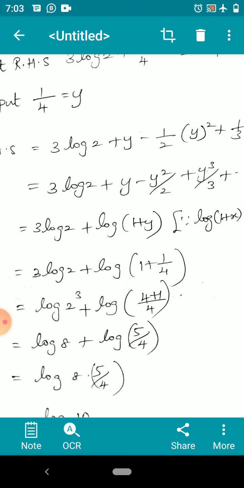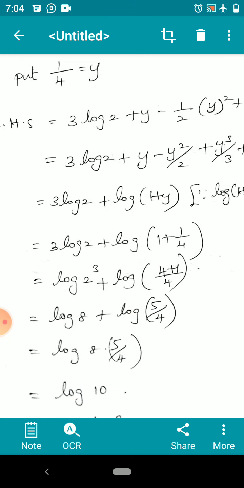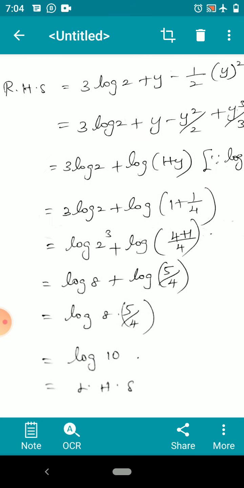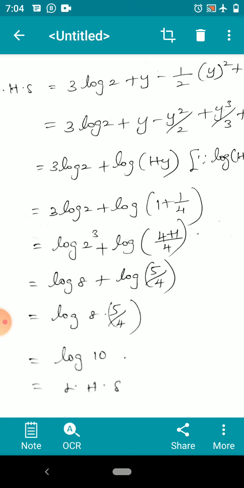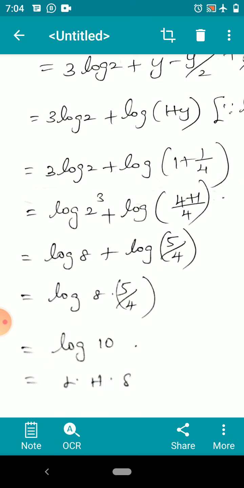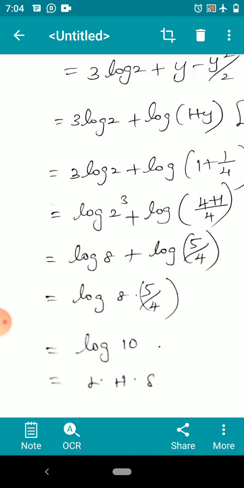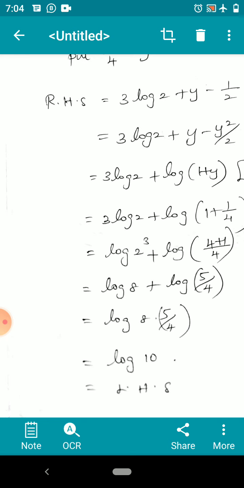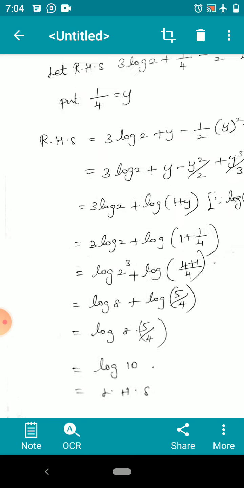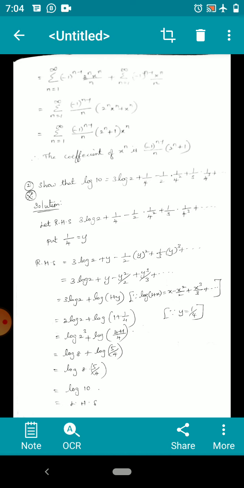Now this can be written as log of 2 power 3 plus log of 1 plus 1 by 4. That is, we cross multiply and get the answer like this. Then log of this will be log of 5 by 4, and then log 8. So log a plus log b can be written as log ab. So log of 8 into 5 by 4, after cancelling we get log 10. So this is your left hand side, hence proved.